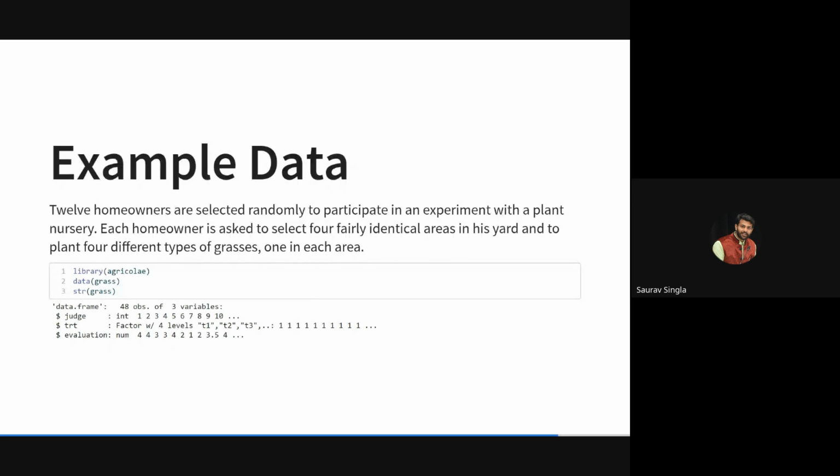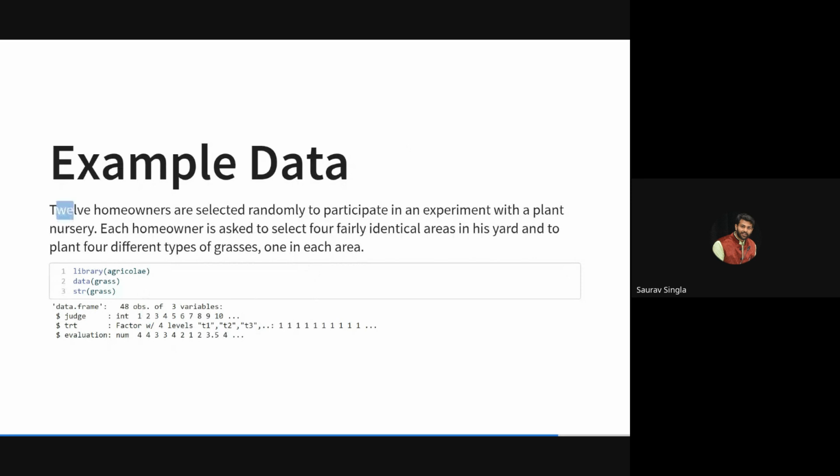Each homeowner is asked to select four fairly identical areas in his yard to plant four types of grasses, one in each area. Now, what is happening in this? There are 48 observations. Okay, 48 how?